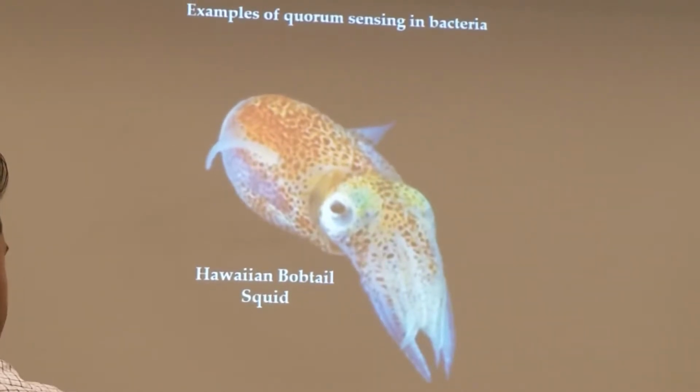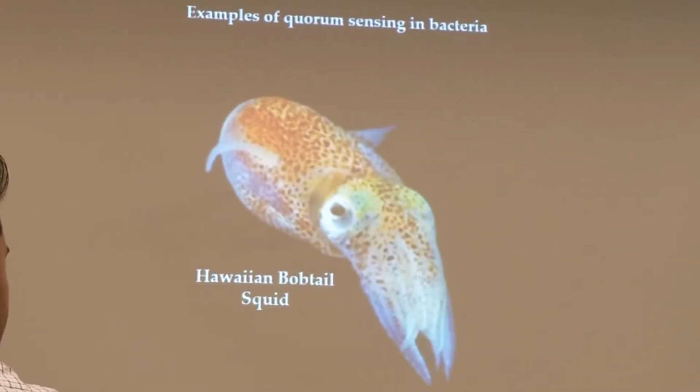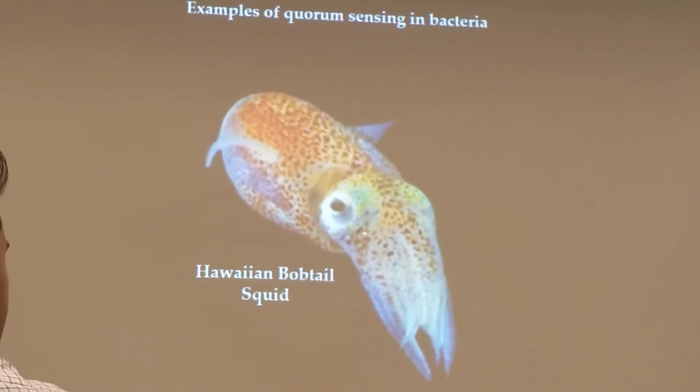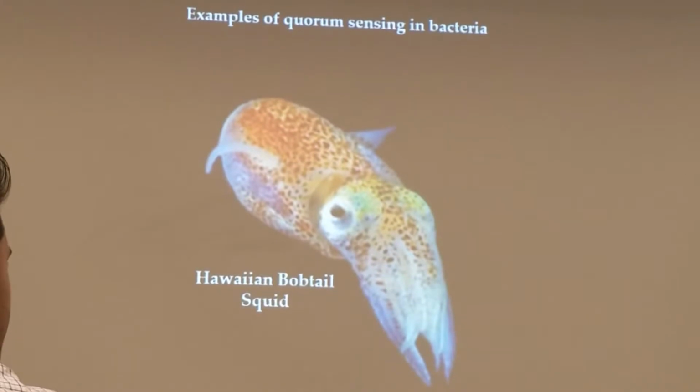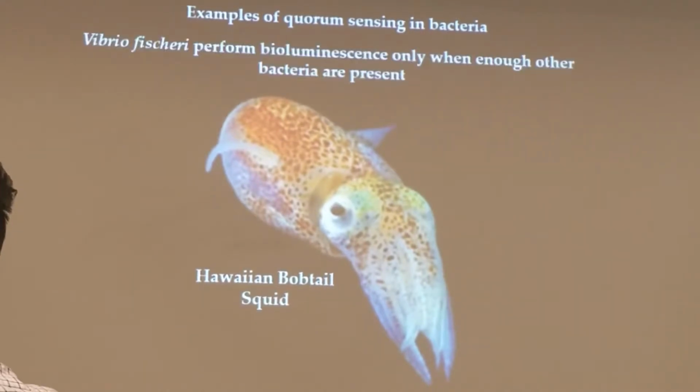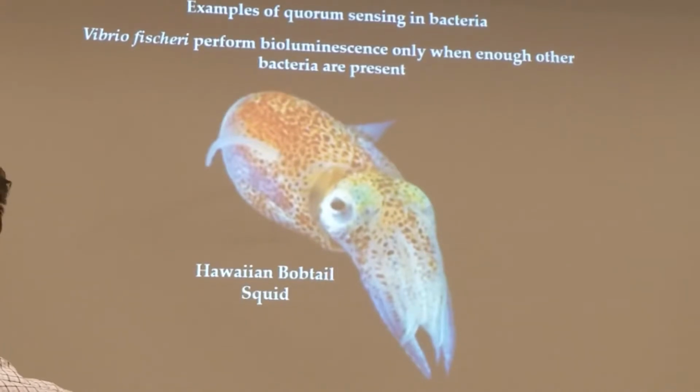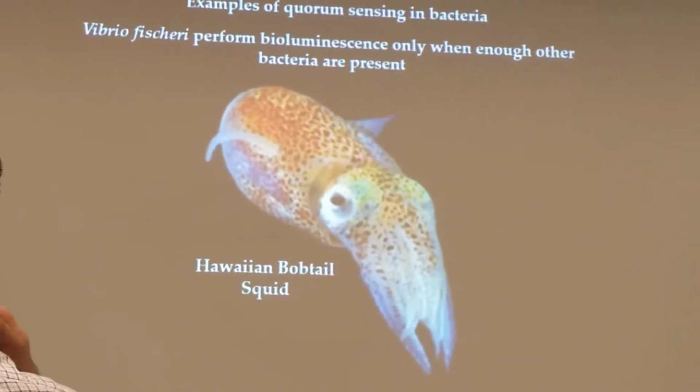But if there's a lot of you collectively producing light, then that's enough light for the squid to capture food, which means that the bacteria living inside of it also get food. So just one example of quorum sensing is a type of bacteria called Vibrio fischeri. Vibrio fischeri perform bioluminescence, which just means that they light up, but only when there's a lot of other bacteria around.